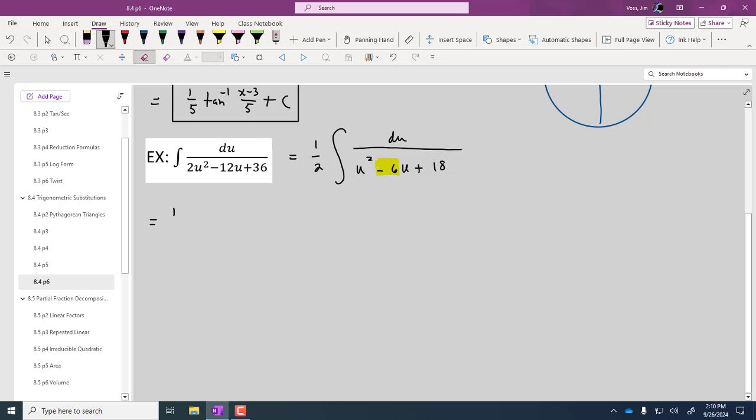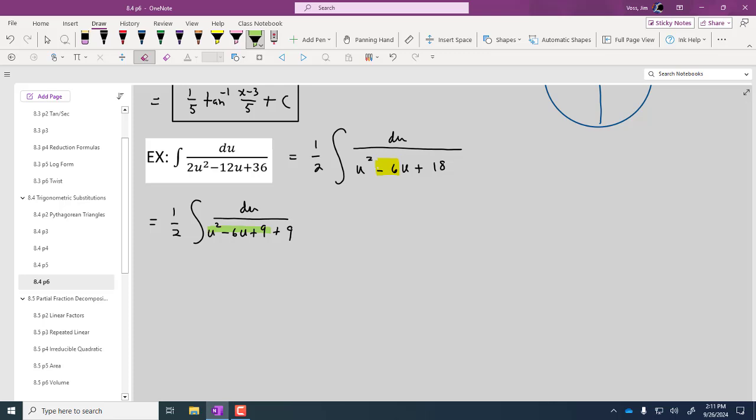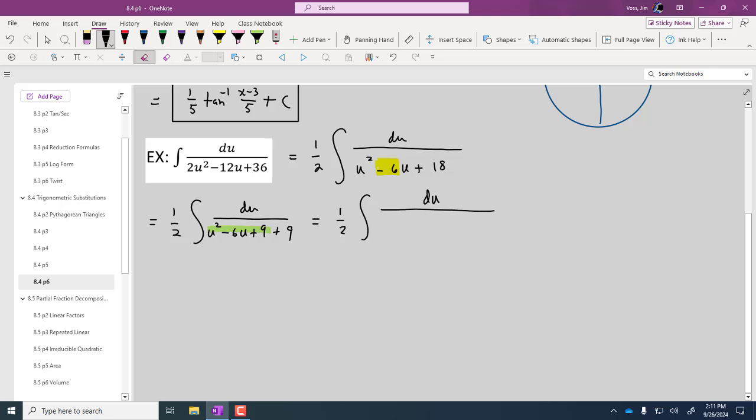So we have 1/2 integral du over, and we're going to take 9 away from the 18 so that we have a perfect square trinomial. That right there is now a perfect square, and it will factor very nicely. We're going to have du in the numerator, and u minus 3, quantity squared, plus 9.